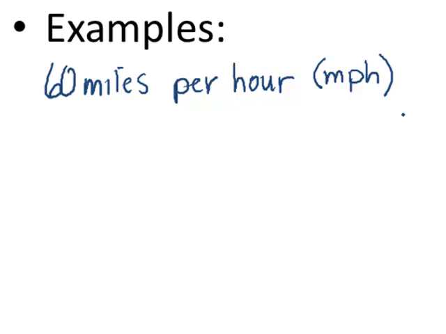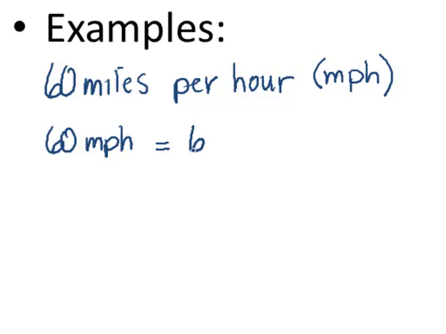What I want to show you is that when working with complex units in science, there are several different ways they can be written out, and sometimes the way they're written makes them harder or easier to work with. For instance, if I write 60 miles per hour, it combines both the unit miles and hours into one abbreviation. And that can make things a little more difficult if I need to do something like convert the miles into kilometers or some other unit. For this reason, a lot of times I recommend writing out these complex units in individual pieces.